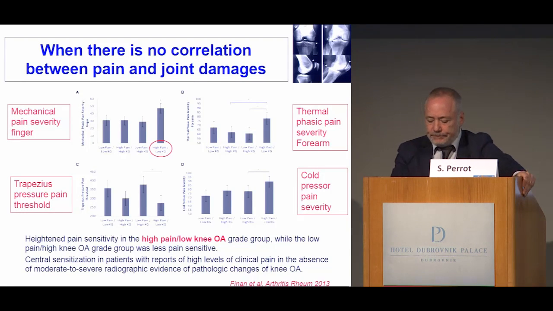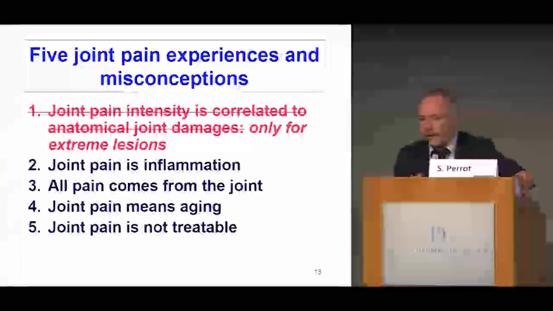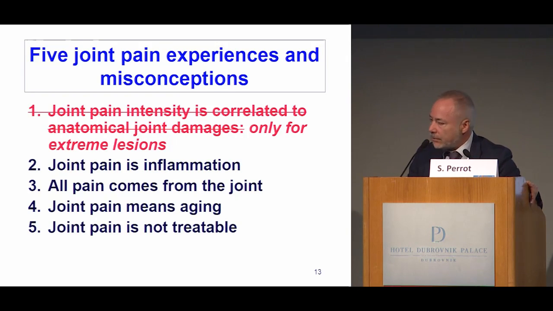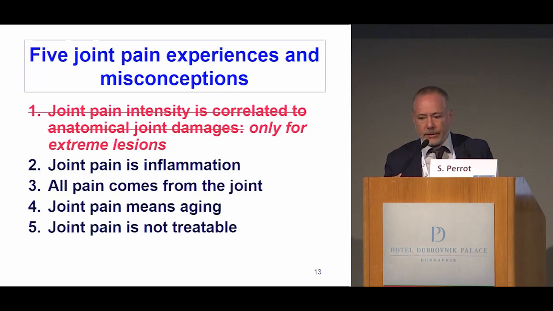So in fact, there are different kinds of patients and different correlation. And to conclude on this topic, joint pain intensity is correlated to anatomical joint damages only for extreme lesions. In the other categories, probably the pain sensitization, the central sensitization, may explain the discrepancy.